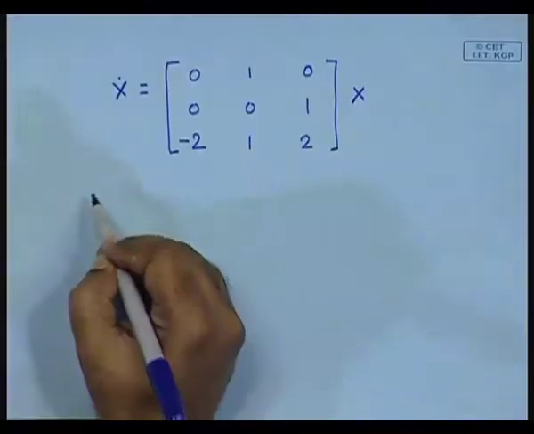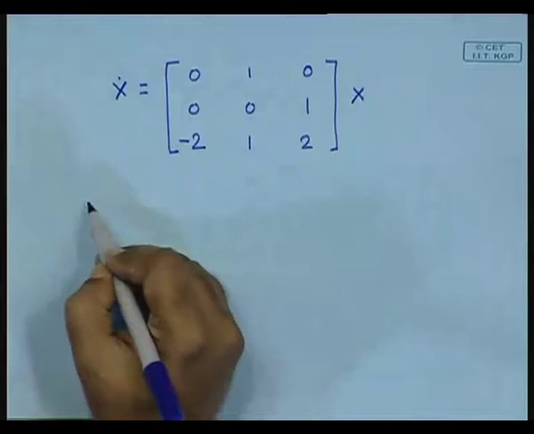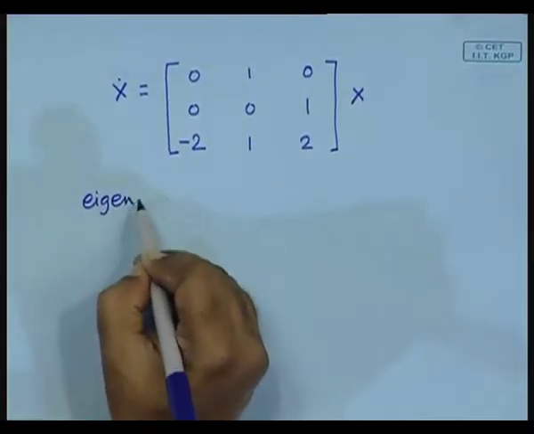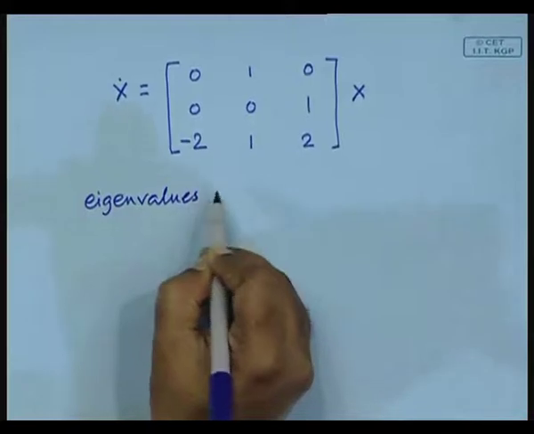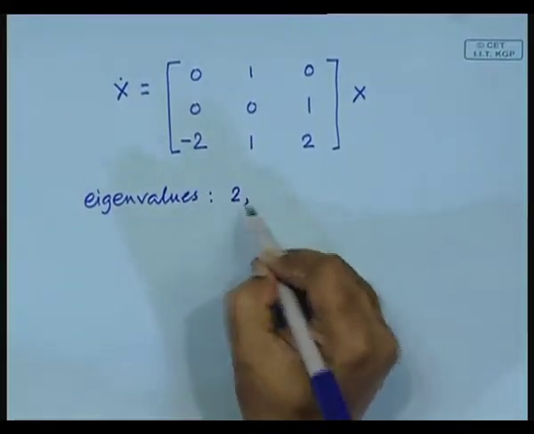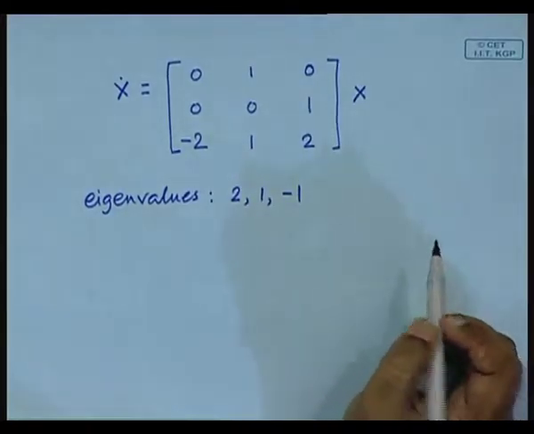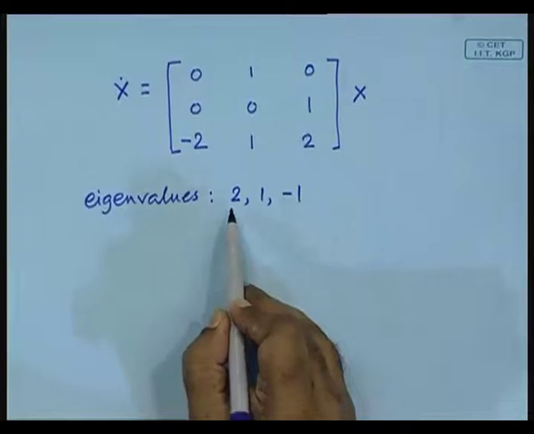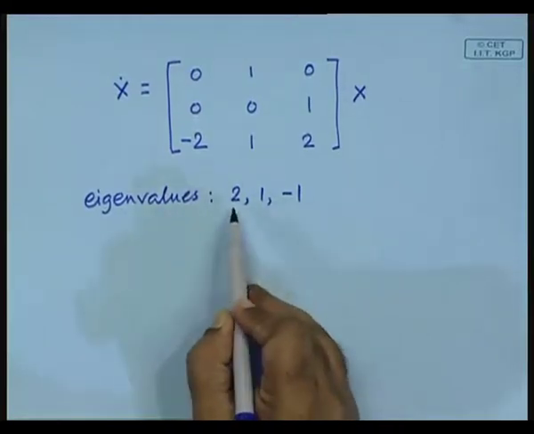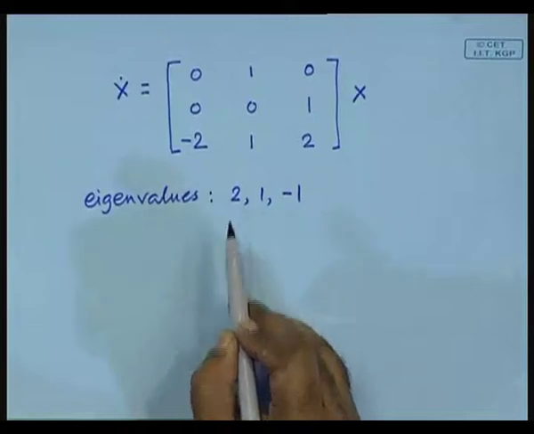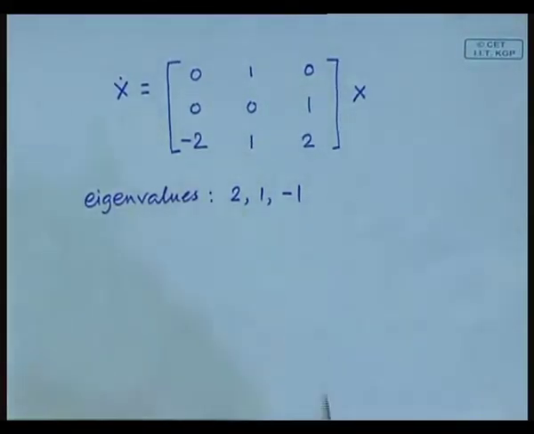We will write the independent equations along the eigenvectors and then proceed. So, what are the eigenvalues of this? In this case you have already calculated the eigenvalues, right. The eigenvalues are 2, 1, minus 1. The next question is to obtain the eigenvectors for each of these eigenvalues. So, what is the eigenvector for 2, what is the eigenvector for 1 and what is the eigenvector for minus 1?